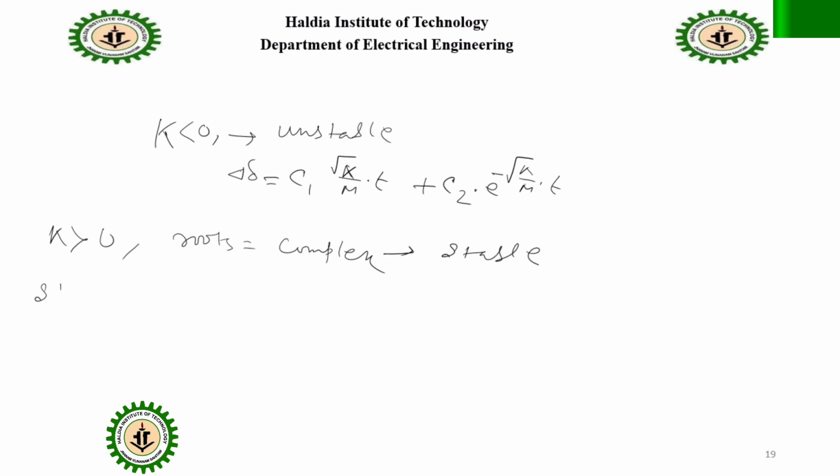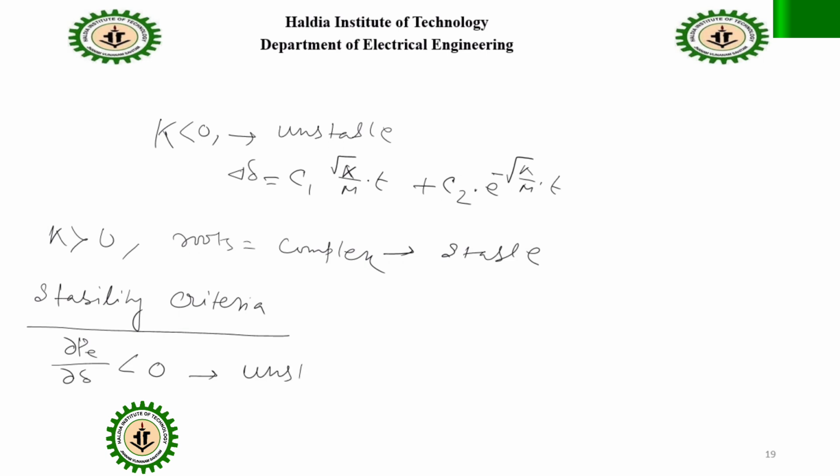So for the stability criteria, we can write ∂Pe/∂δ less than or equal to 0, that is unstable.